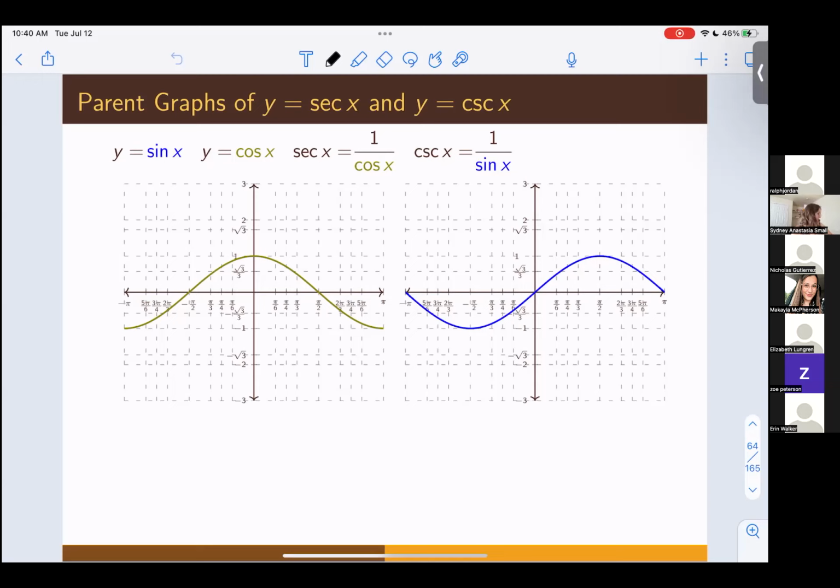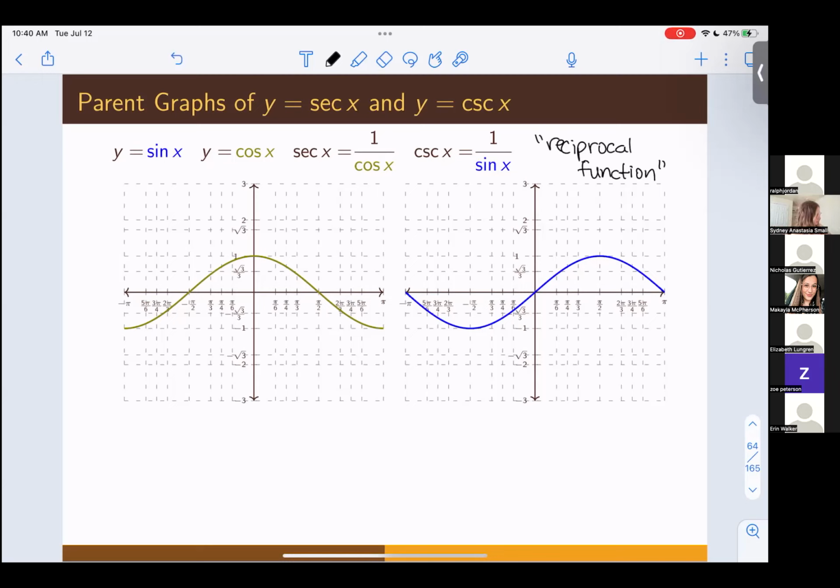So what does it mean? If you recall, the secant and the cosecant functions are the reciprocal functions of sine and cosine. We call them the reciprocal functions, just as cotangent was the reciprocal function of tangent, and all reciprocal means is just the fancy math word for we take a fraction and we flip it upside down.